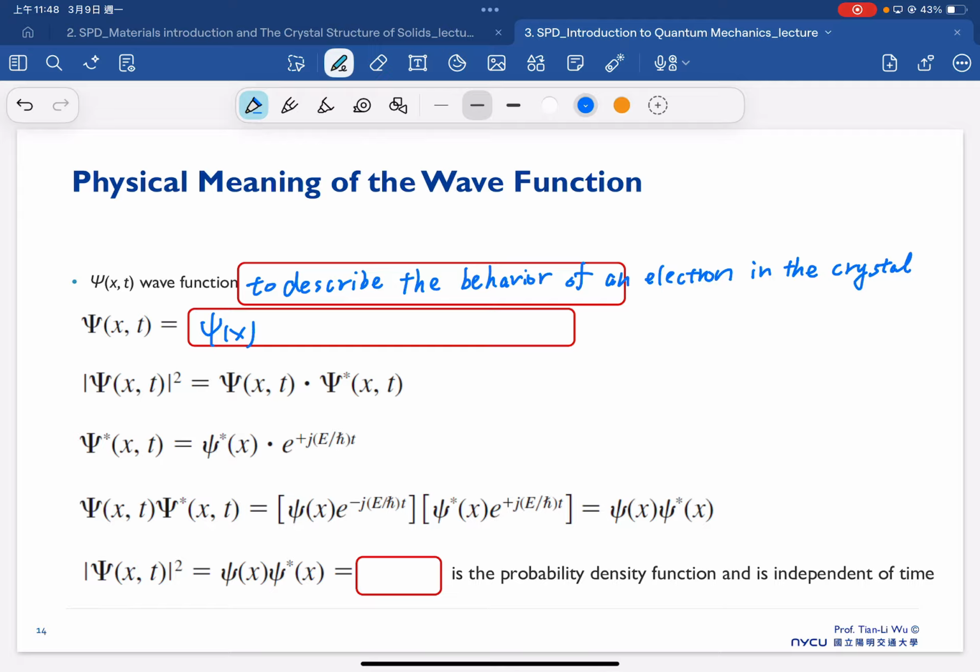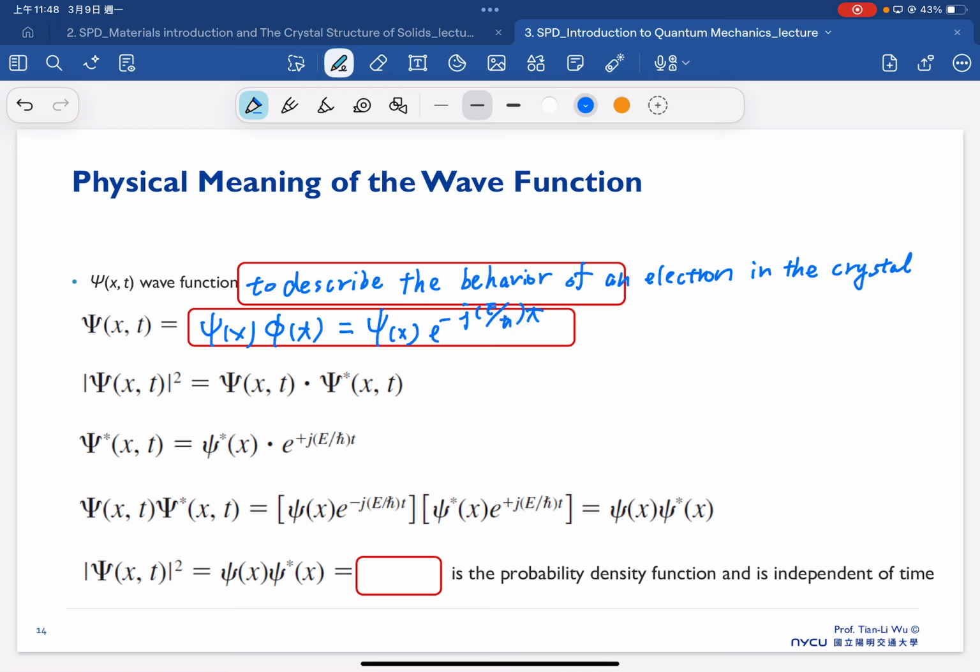So we consider this equation can be calculated this way. And furthermore, phi(x) and also phi(t) can be expressed by exponential minus j E over h bar t.